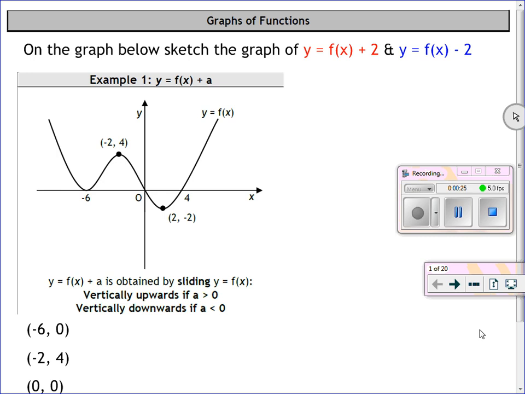What matters is what we do to it. It will always be clear from any questions you're given whether you're asked to move the graph up or down, left or right, or stretch it or flip it. So we're going to go through all 6 transformations in separate videos here.